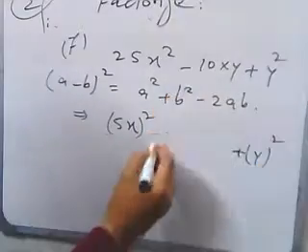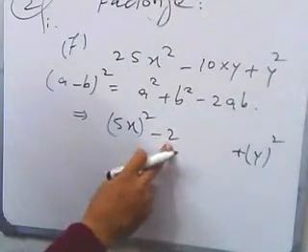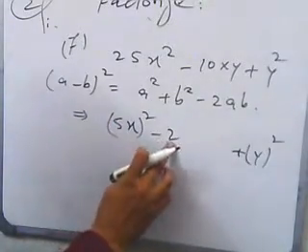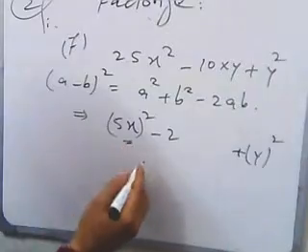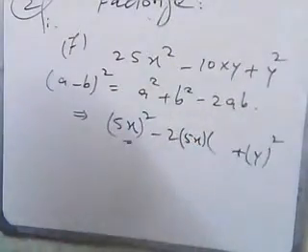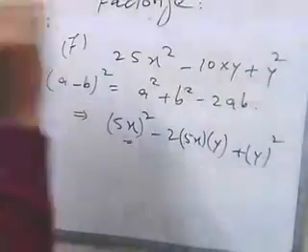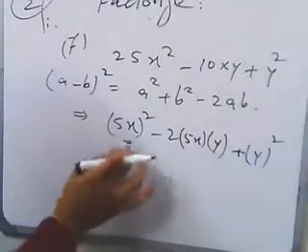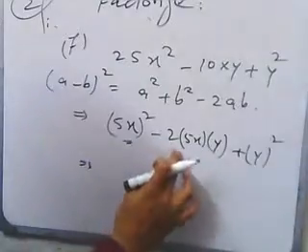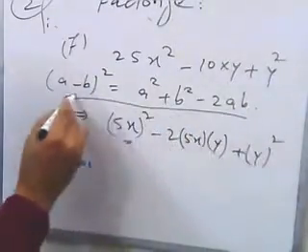So minus 2ab, here 5x is your a, and b is your y part. So a² + b² − 2ab is the perfect formula for this. So reverse this formula, you will get this one.